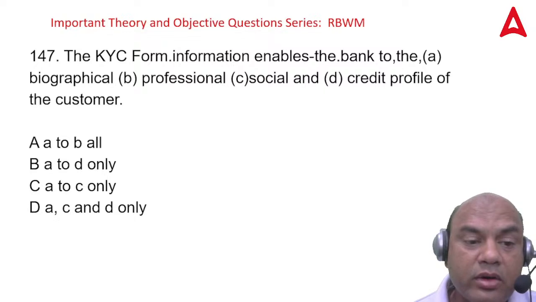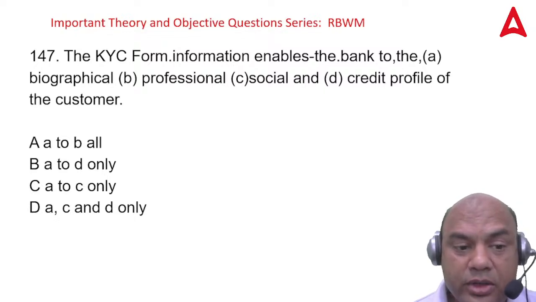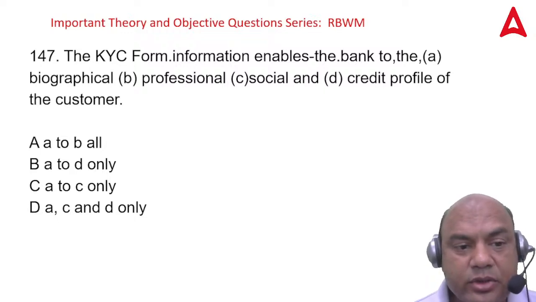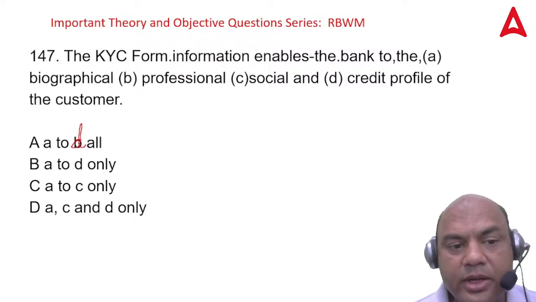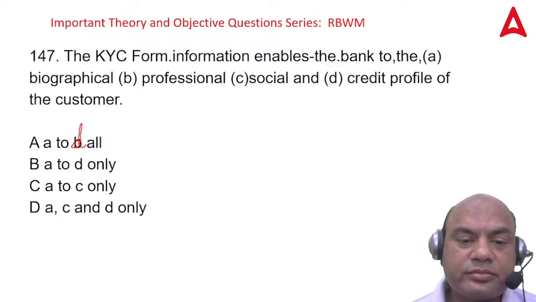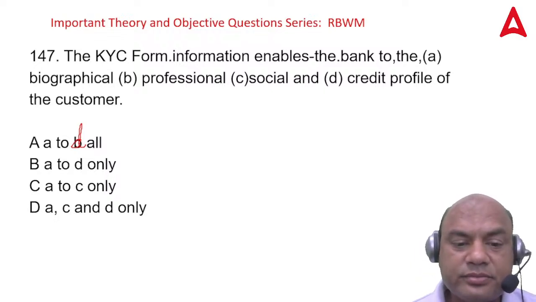A to B all. A to B all means A to B only. A and D only. A to C. A, C and D. I think it should be A to D all. Okay. So can I use it for the same? Think over it.